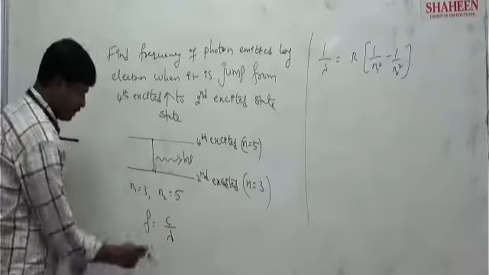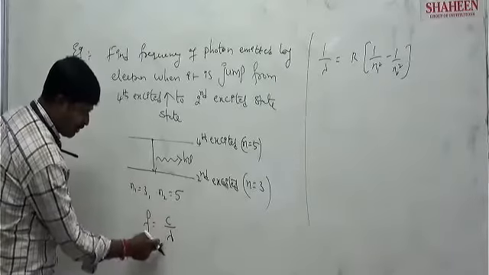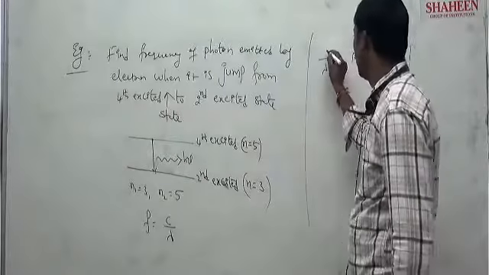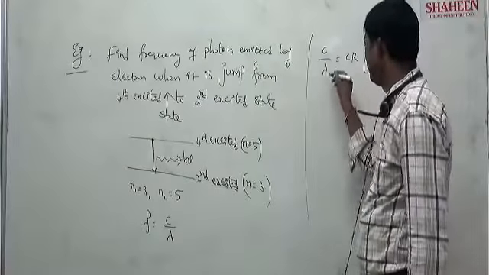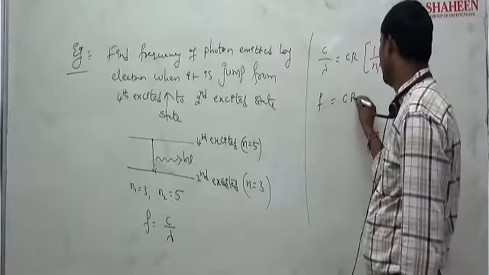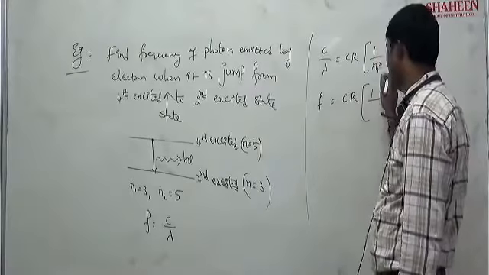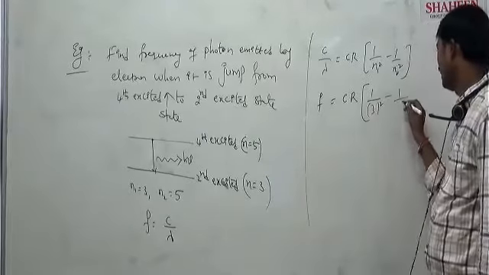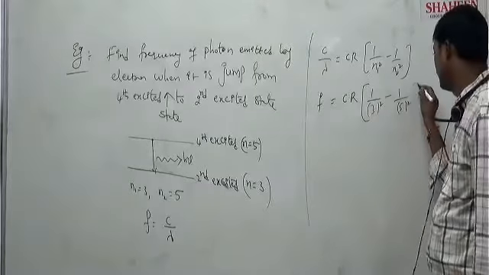Yes or no? C by lambda. So 1 by lambda is there already. So if you multiply both the sides with c, I will get the frequency. C by lambda, that is f is equal to c into R into 1 by n1 square, n1 is 3 square, minus 1 by n2 square, 5 whole square.